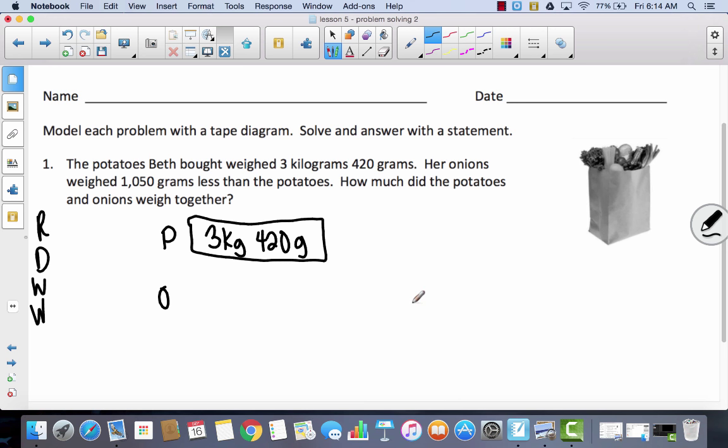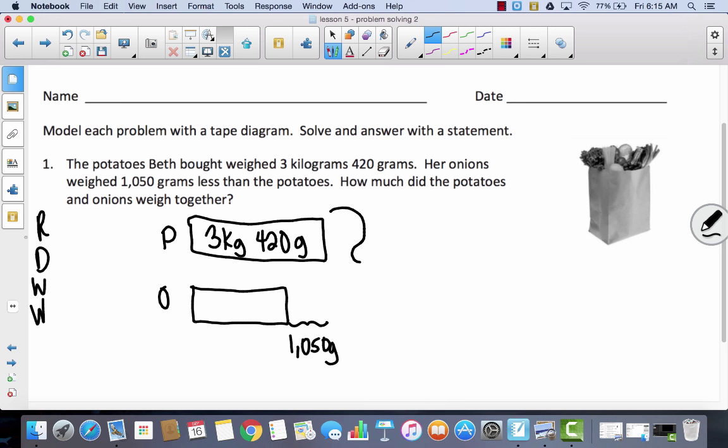It just tells me that. But then it says that the onions weigh less. So that means that this tape diagram I'm going to draw smaller. Now it tells me exactly how much less. It says that the space between here and the rest of the potatoes is going to be this much. It is 1,050 grams less.